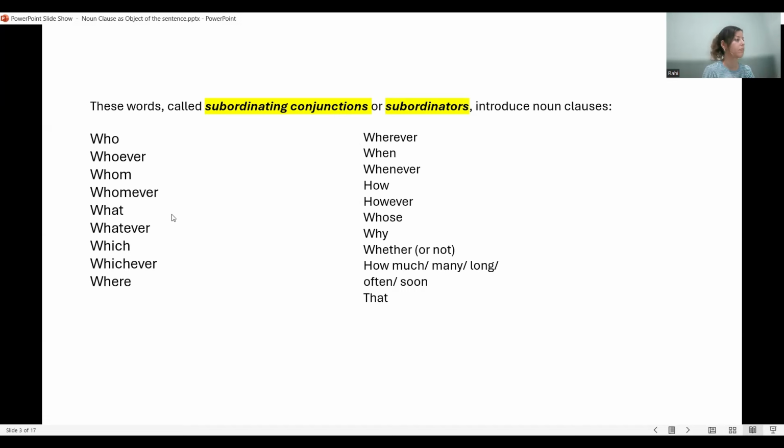Let's just simplify it. We have who, whoever, whom, whomever, what, whatever, and so on, and that. We can say all WH question words and that can introduce a clause. So these are subordinators. They introduce a noun clause: WH question words and that.